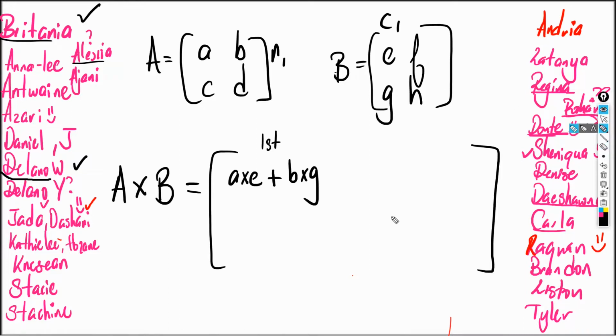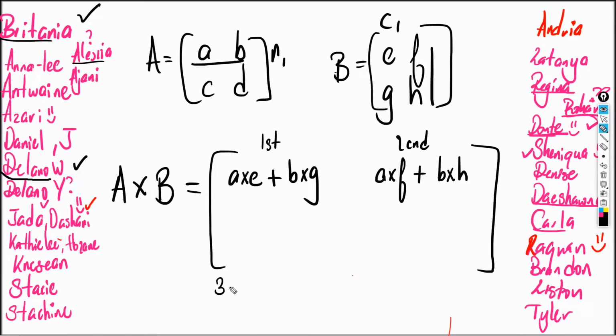Now for the place beside it, the second place, we're going to do the first row by the second column. So we're going to say A times F plus B times H. Make sense, guys? All right, so that's the second place.